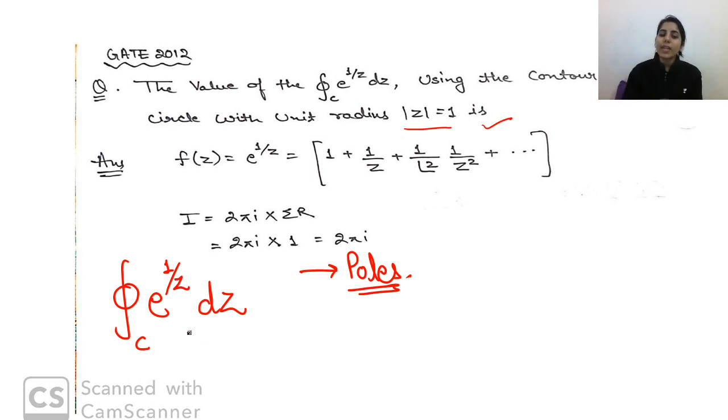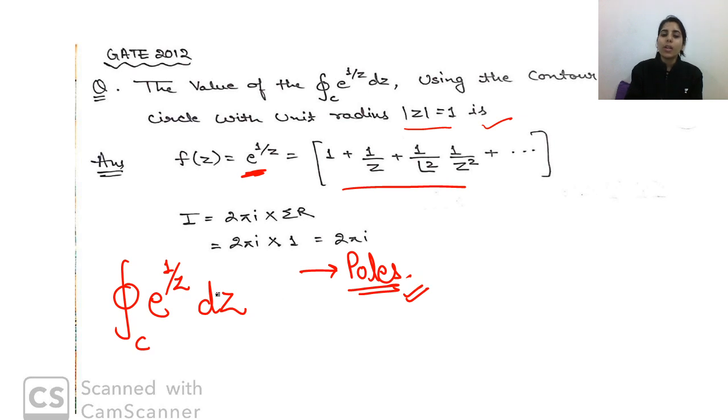You can do it in either of the manners I have told you, either directly or by writing the series expansion of the exponential function, and then you can decide the pole. Both methods are correct. Whichever you find more convenient, and gives you the correct answer, you can use that one. Done. So our first step is to find the pole.